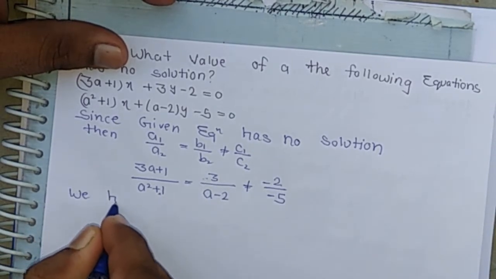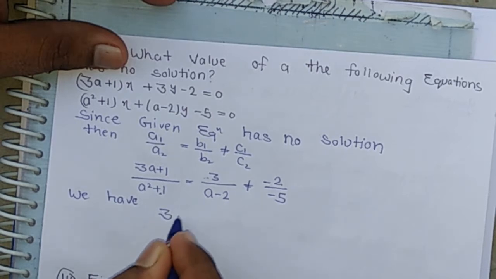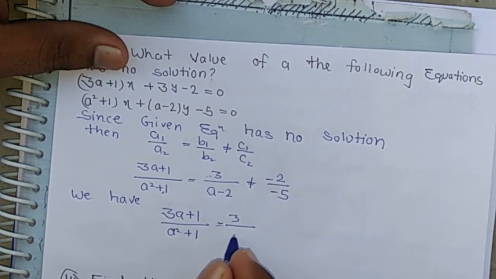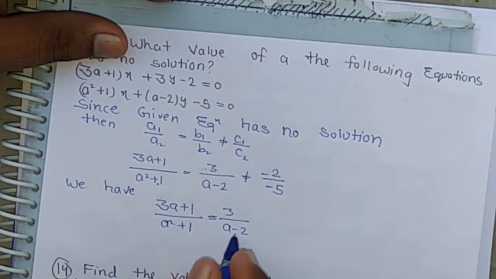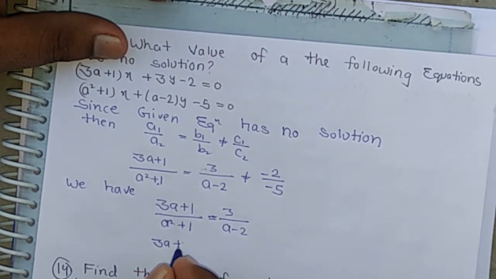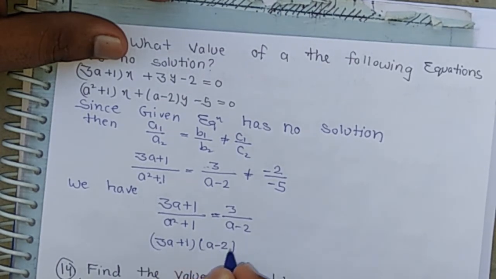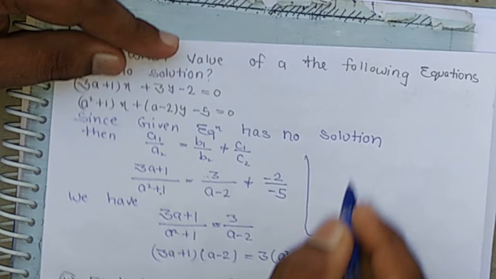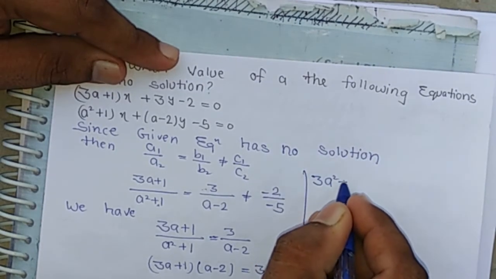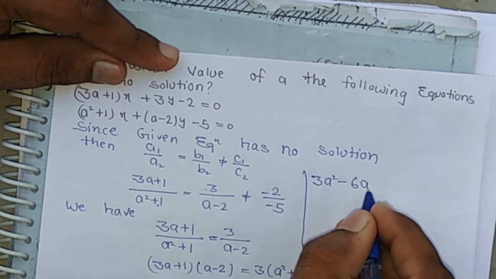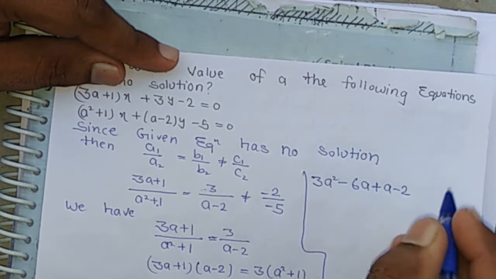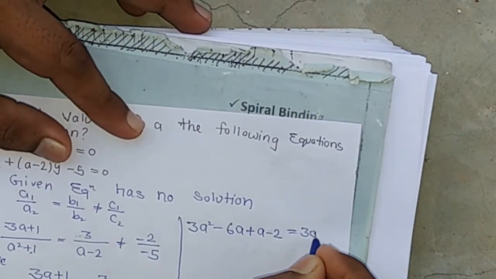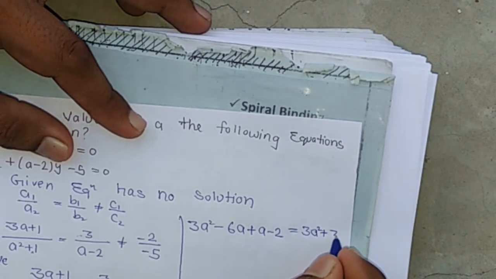Now solve these two equations. We have 3a plus 1 by a square plus 1 equal 3 by a minus 2, then 3a plus 1 times a minus 2 equal 3 times a square plus 1. Now 3a square minus 6a plus a minus 2 equal 3a square plus 3.